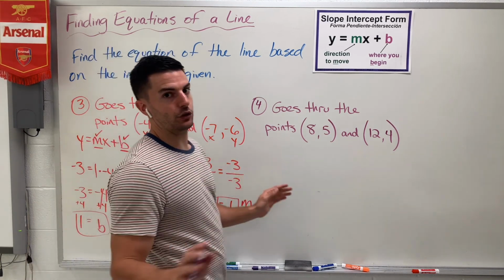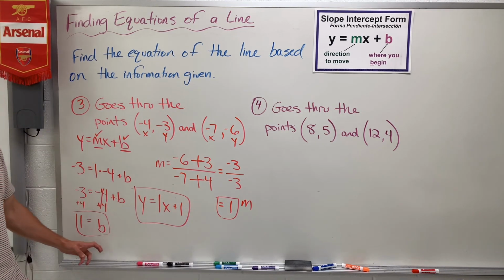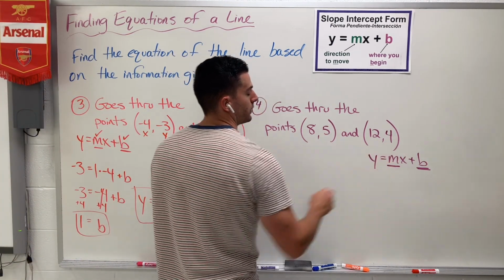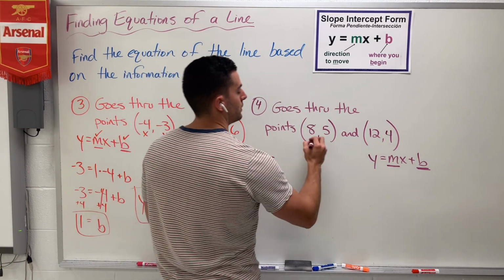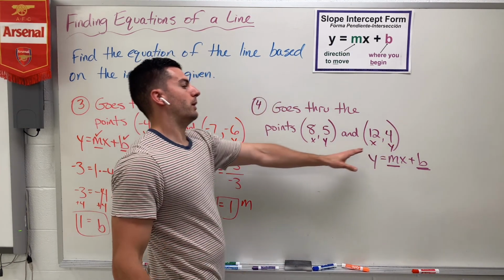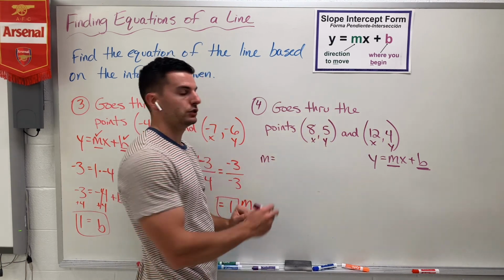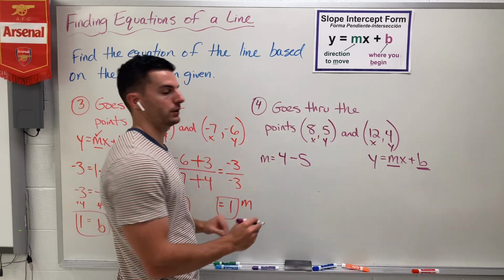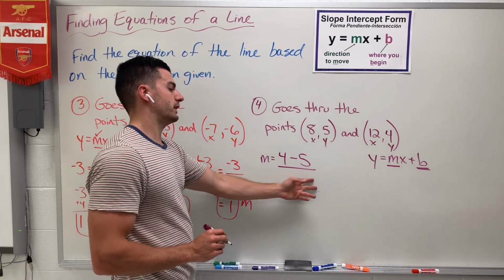So I have to go through the long process of doing the slope formula and then plugging in the values to find b later. My slope first, you find it with the slope formula, so label your points. My second y value is 4, first y value is 5. So I do 4 minus 5, y2 minus y1, over the x values on the bottom, x2 minus x1.